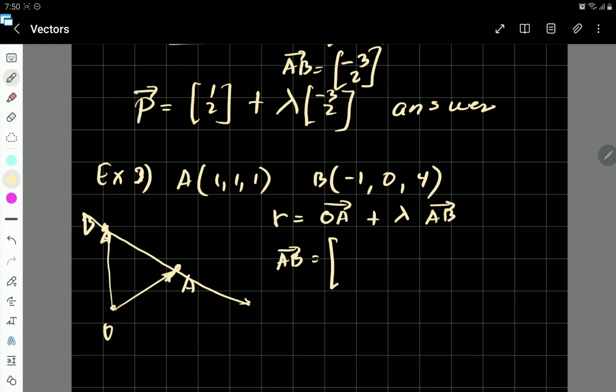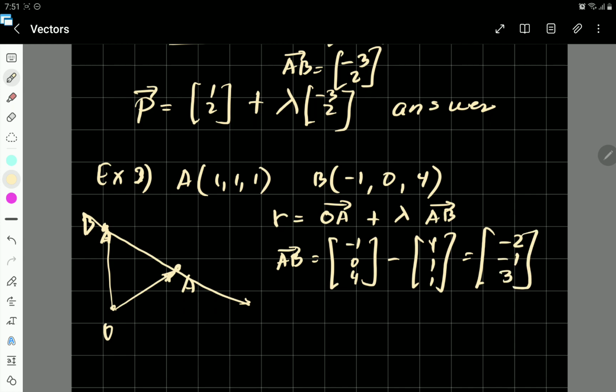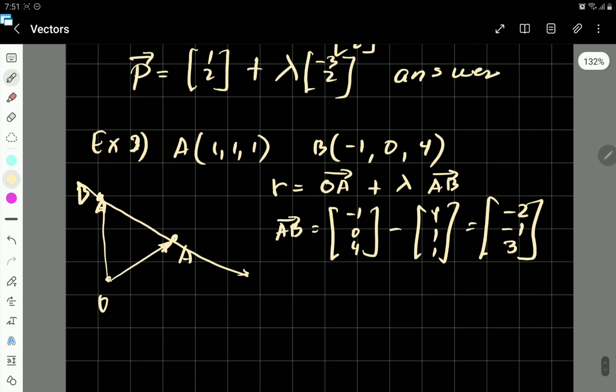Direction now is OB minus OA, negative 1, 0, 4 minus 1, 1, 1. So the direction is negative 1 minus 1 is negative 2, 0 minus 1 is negative 1, 4 minus 1 is 3. So now we have a direction. Therefore R is equal to OA, any point, so 1, 1, 1, plus lambda of negative 2, negative 1, 3.